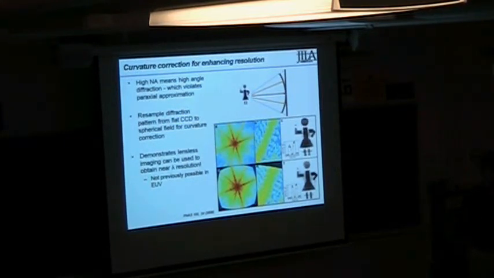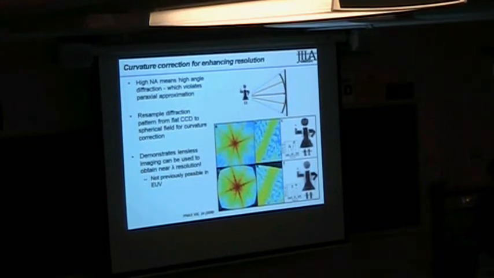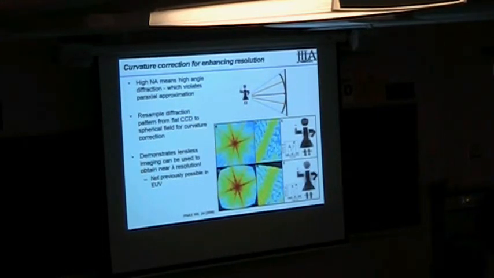It's not actually the Fourier transform of the object. And so to correct for that, we scrunch the pattern down and map the intensity that we measure onto something that's linear in spatial frequency. So then we do have something corresponding to the Fourier transform of our object.